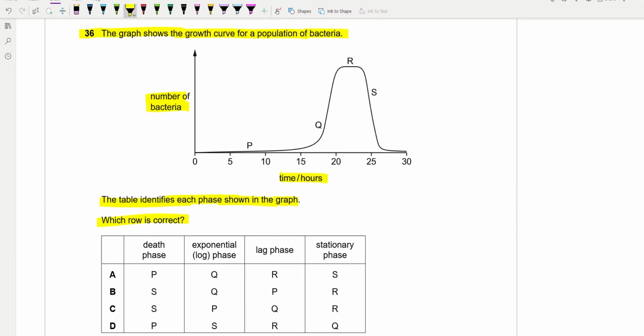The death phase is marked as S. The exponential log phase is marked as Q. The lag phase is marked as P. And the stationary phase is marked as R. The correct option would be option B.